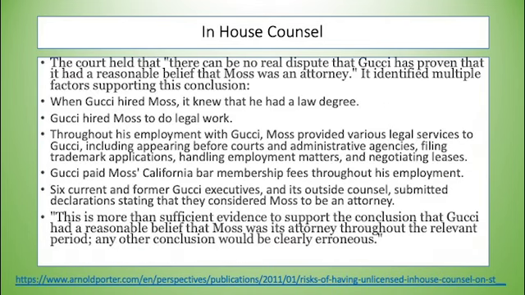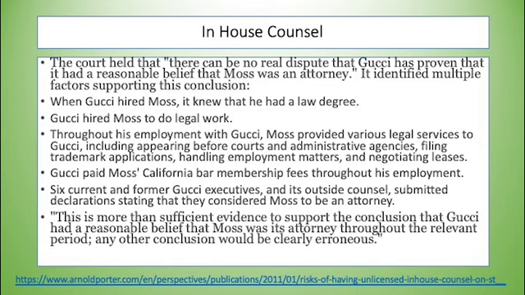And the court held that there can be no real dispute that Gucci has proven that it had a reasonable belief that Moss was an attorney. It identified multiple factors, such as when it hired Moss, it knew he had a law degree. Gucci hired Moss to do legal work. Throughout the employment, Moss provided legal services to Gucci, including appearing before courts and administrative agencies, filing trademark applications, handling employment matters, and negotiating leases.